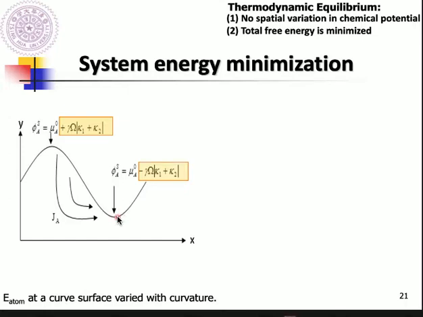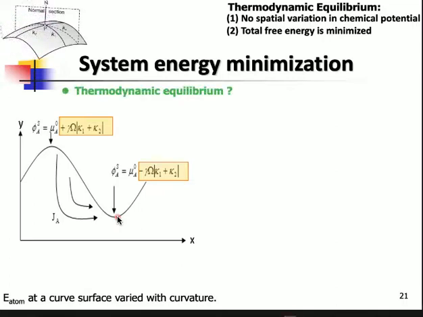So based on this, we know this material system is not in thermodynamic equilibrium. And this picture I grabbed here is just to show you the relationship: what are κ1 and κ2?